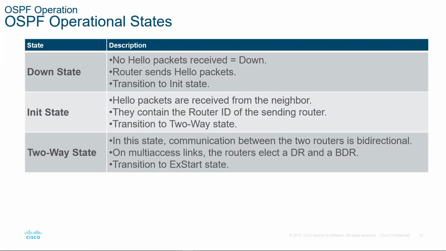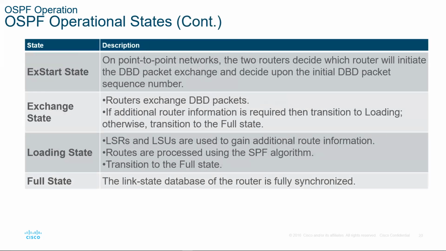We will now have an election in a multi-access network to elect the designated router and backup designated router. More to that later. It will then try to transition after the election requirements to ExStart state.